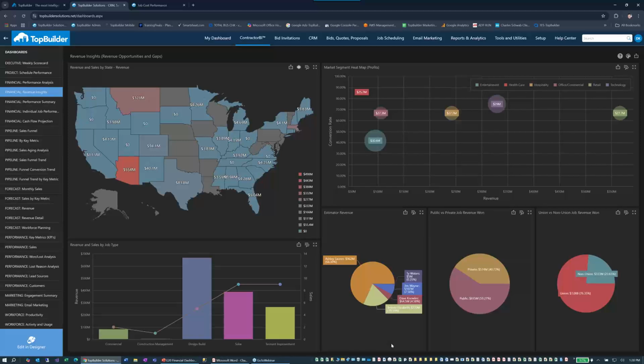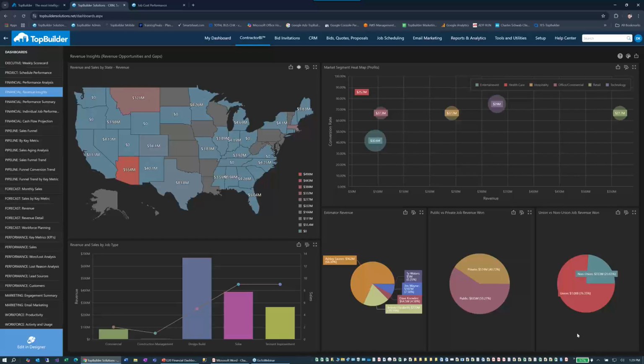Okay. And then this is a fun one because Nika was all over this, and we have a lot of electrical contractors. Nika and, of course, Top Builder and ContractorBI really wants to show what the split is between public and private jobs and union versus non-union. That's primarily, again, our electrical contractors.